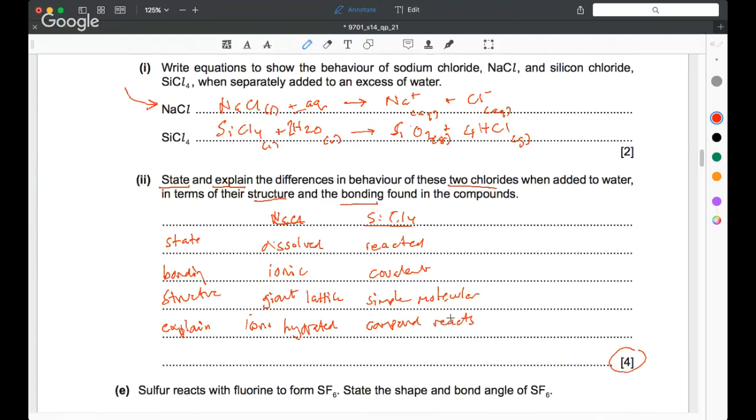There's not really much more you can say. You can say it reacts to form new substance. Yeah, that would be a pretty full description of what's going on in a chemical reaction. But you can see we had to sort of deconstruct the question stem quite carefully to make sure we got our 4 marks: stating and explain, looking at structure, and looking at bonding.